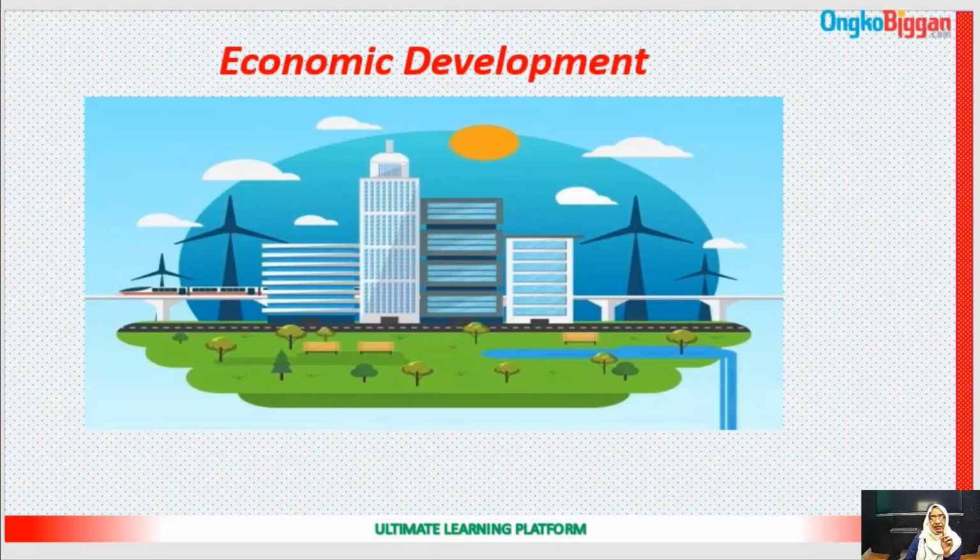Whenever there is economic development, people's per capita income increases. And that occurs when there is a qualitative change in the economy, such as an increase in the people's consumption. Consumption of the people will increase, employment will increase, and the overall development through technology will increase.